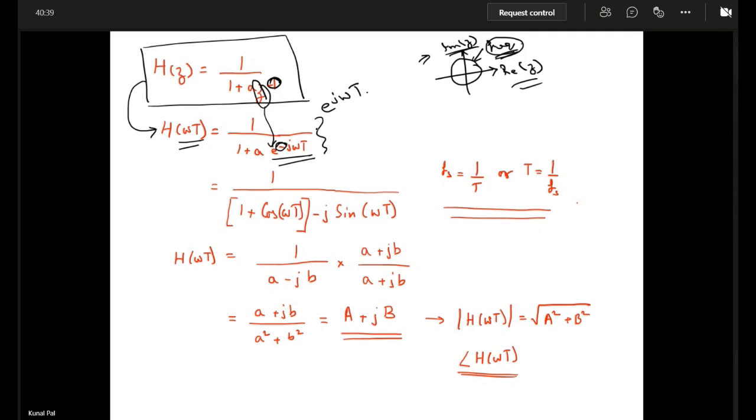Now, if you further break this down, you will be able to write it in the form of 1 by 1 plus cos omega t minus j sin omega t.